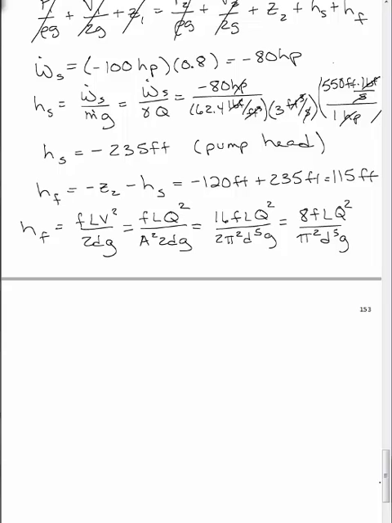You would think that we can just solve for D, but there's a problem. And that problem is we've got a D inside F too.